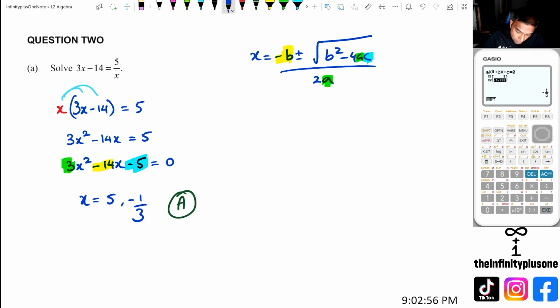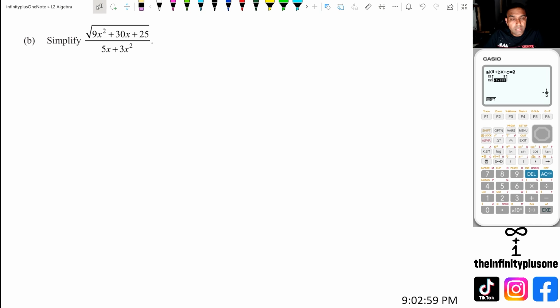All right, so next one, we've got question 2b. When you get a question like this, you've got the square root of 9x squared plus 30x plus 25. The key thing to remember is you've got to factorize this. The cheap way that I would do it is to go back to your calculator and just do the solver, equation and polynomial, and then punch in the values 9, 30, and 25.